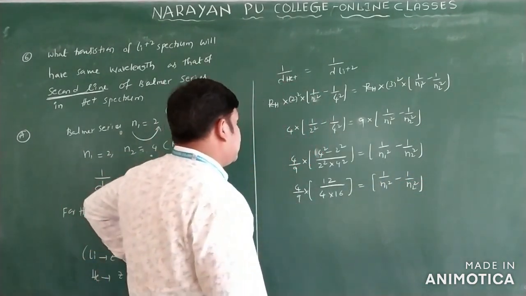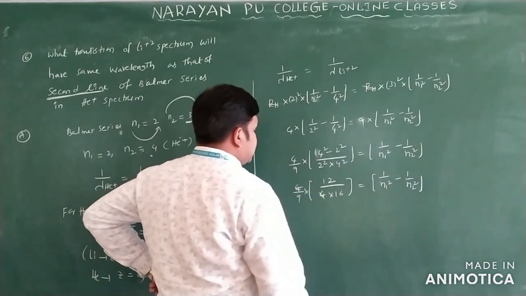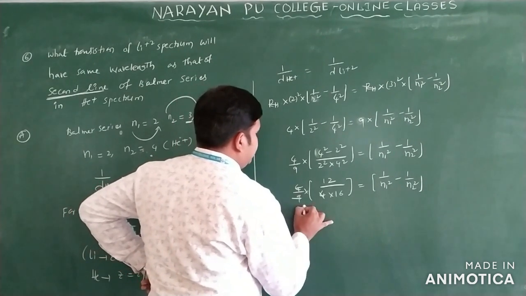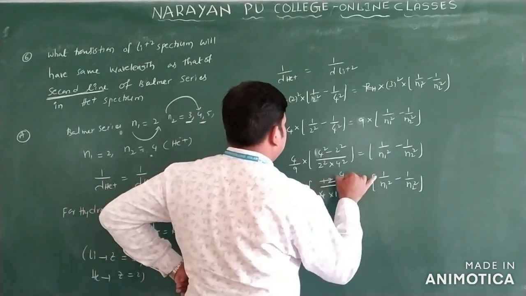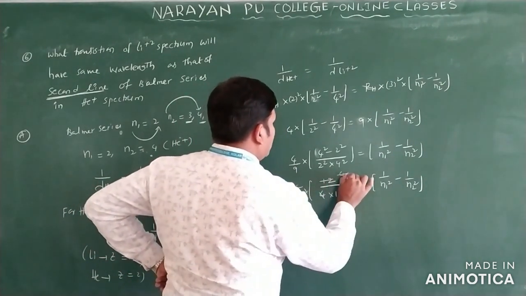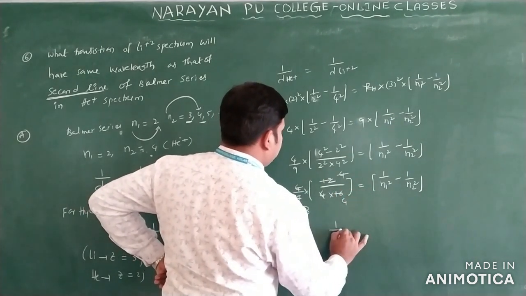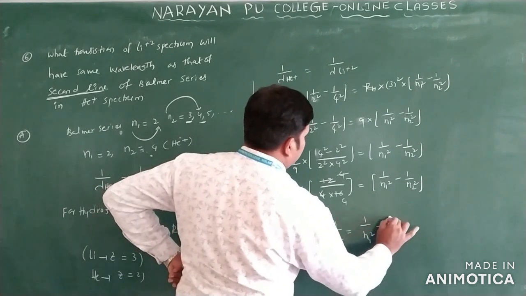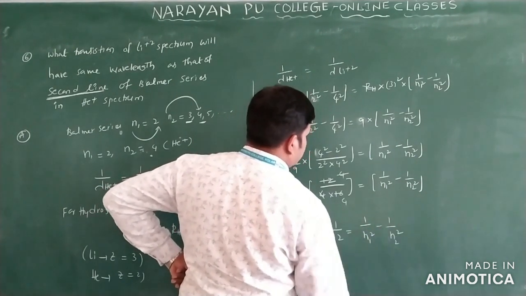Now we can see here this 4 and 4 cancel, and here 3 times and 4 times we have, 4 cancels, so I will get 1 by 3 into 4, that is 12, is equal to 1 by N1 square minus 1 by N2 square only.